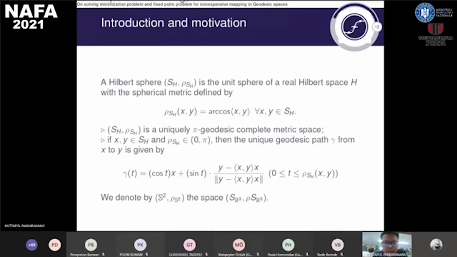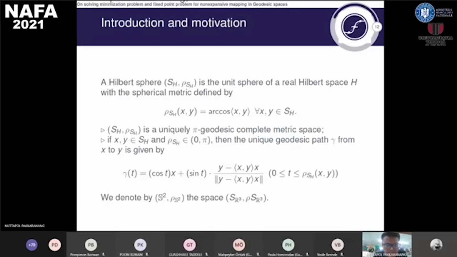In the Hilbert sphere, we define the spherical metric like this, and the Hilbert sphere is a uniquely geodesic complete metric space. In particular, if x and y belong to the Hilbert sphere, then the unique geodesic path from x to y is given by this.